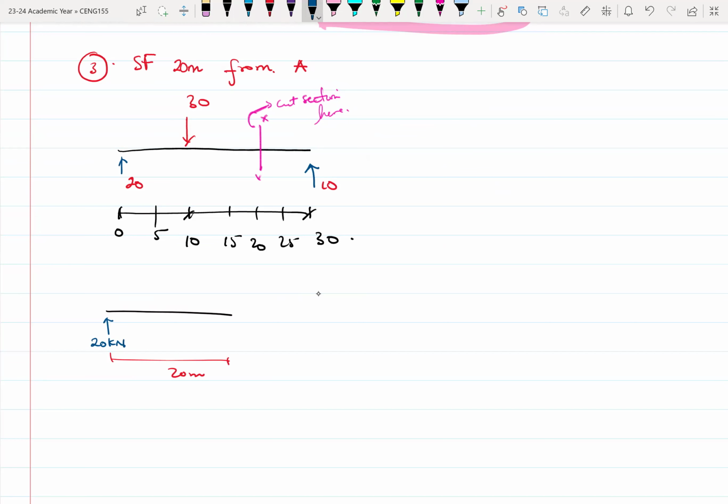Then at 10 meters, I have the 30 kilonewtons. And I need to find my shear force at 20 meters from A. All right. So shear force at 20 meters from A will be equal to the 20 kilonewton load, which is the VA, minus the 30, and I'll still get minus 10.